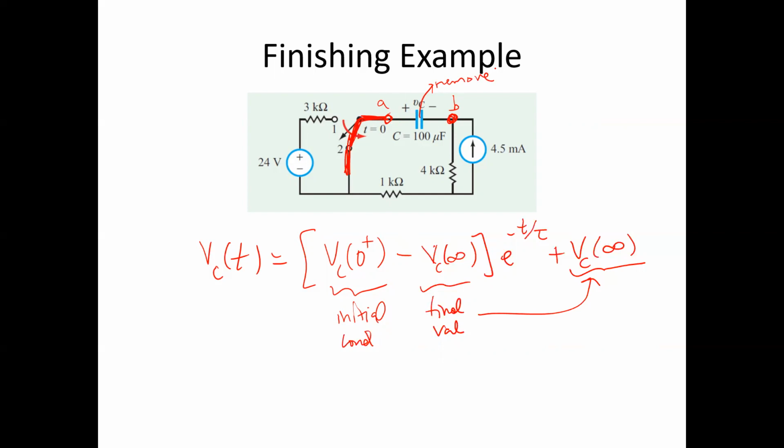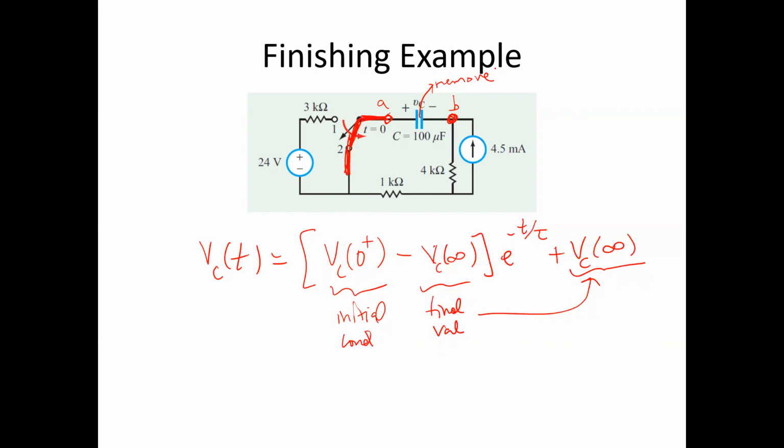The easiest way that we found to do that, if we just need to find the resistance, is the test volt method. But if you don't have a dependent source, the test volt method reverts to just turning off the sources and finding whatever the equivalent resistance is between A and B, which is the terminals of the capacitor.